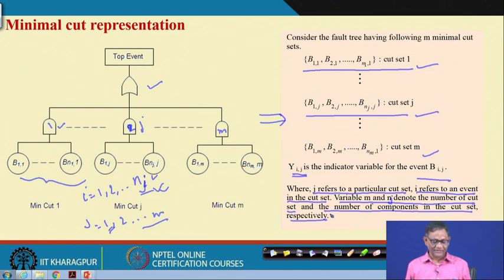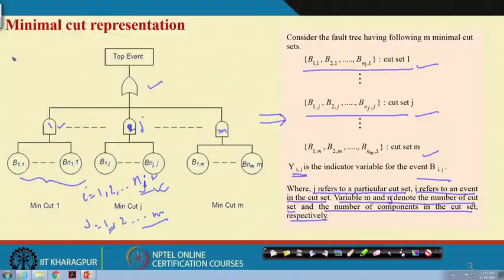Okay, so let me repeat. First we have a fault tree. From the fault tree you found all the basic cut sets, the minimal cut sets. So, from the original fault tree to this minimal cut set fault tree, this is the equivalent representation of the original fault tree, where, as we know, a cut set means that if all the elements of that set occur, then the top event occurs.